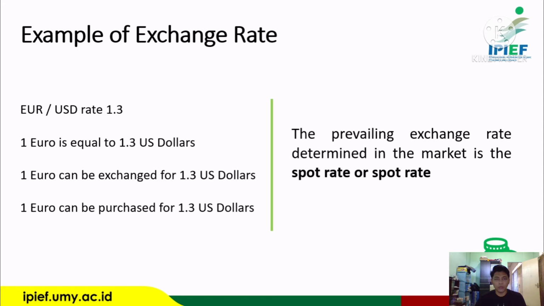The exchange rate between euro and US dollar nowadays is 1.3, which means that 1 euro is equal to 1.3 US dollar. It can be interpreted that 1 euro can be exchanged for, or purchased for, 1.3 US dollar. This prevailing exchange rate is determined in the market and is also known as the spot rate.